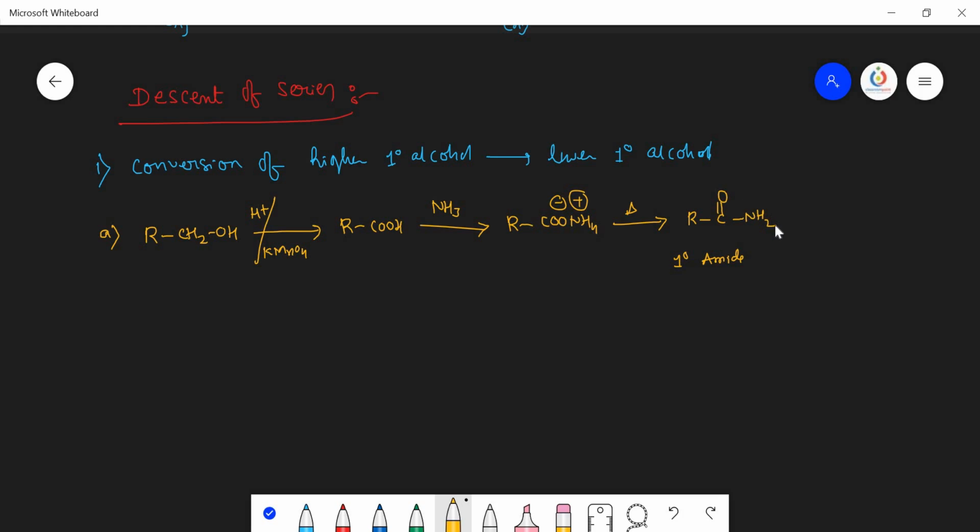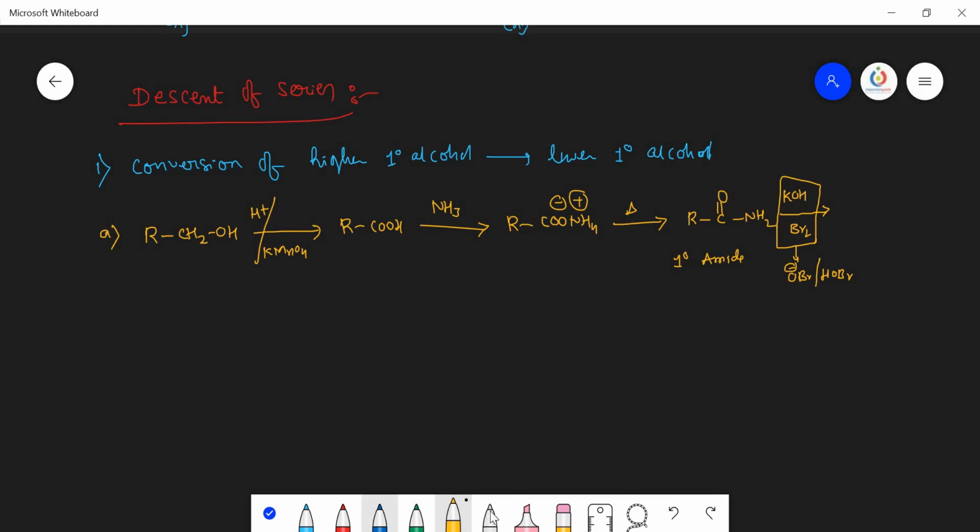Such type of the amides are called the primary amides. These primary amides, when subjected with the KOH Br2, this combination can also be written as OBr minus, or sometimes it may be called as HOBr. Okay, so generally OBr minus.